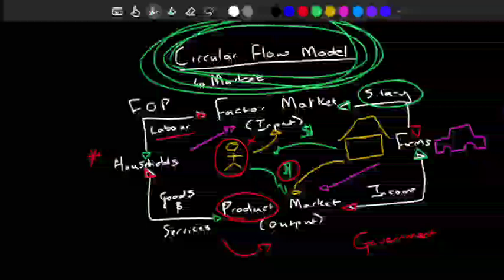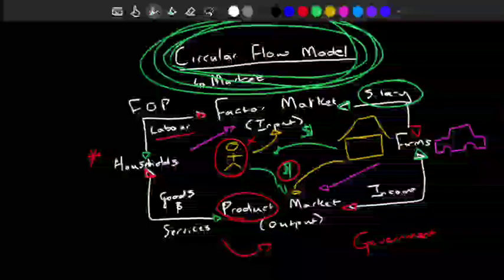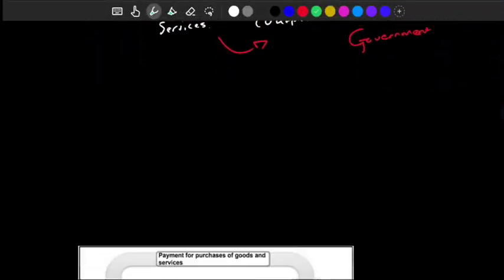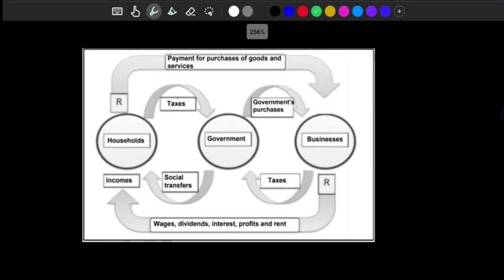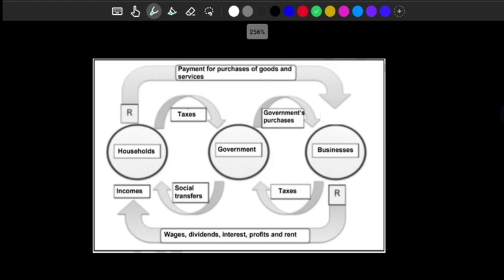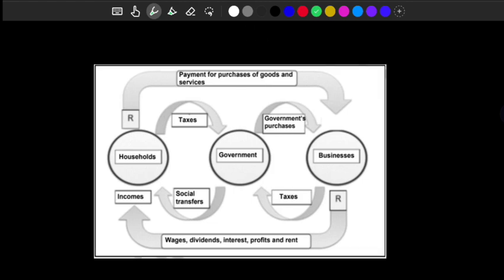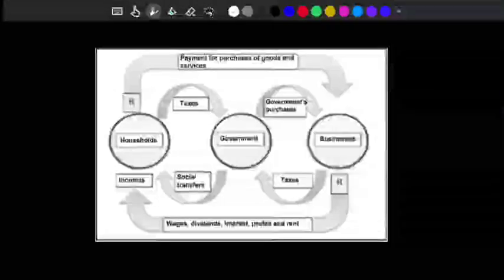So now we're going to introduce one more factor in this, which is the government. And the government is there to stabilize and to help the economy grow, right? And that is this. It looks a bit different, looks very daunting, but let's take it apart one by one, right?